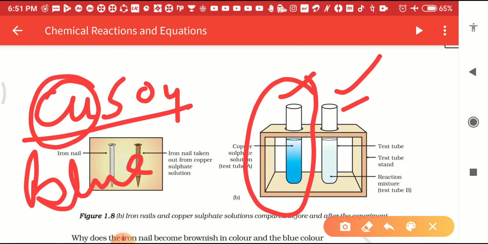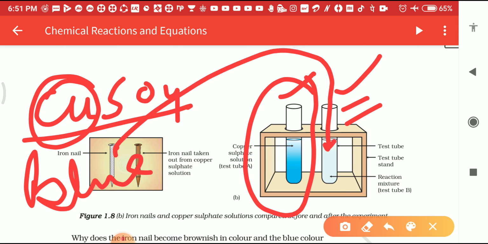In the second test tube you put this nail and leave it for 20 minutes. What will you observe after 20 minutes? You will see that the color of the solution has changed to a light greenish color.